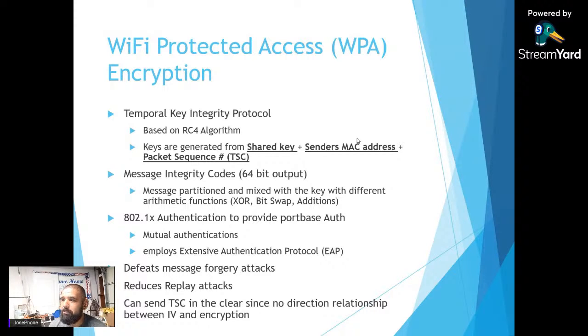And these partition messages are mixed together with different key functions, such as XOR or bit swap or additions. And so it's able to scramble some of these messages. And then you also have the Extensible Authentication Protocol, EAP, that is used by the 802.1X to create mutual authentication.